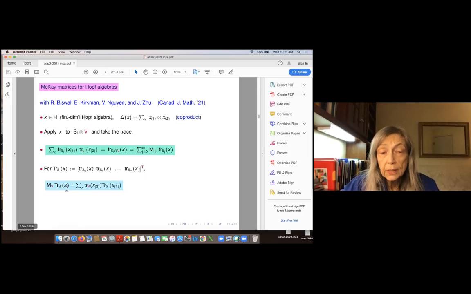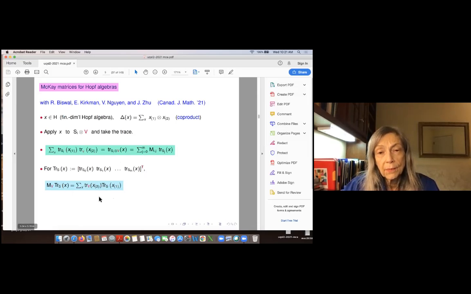When you multiply this McKay matrix times this vector, you get a sum of similar vectors. Where this is coming from is that this first term over here is actually the right term over here, and the term over here is this term just rearranged.